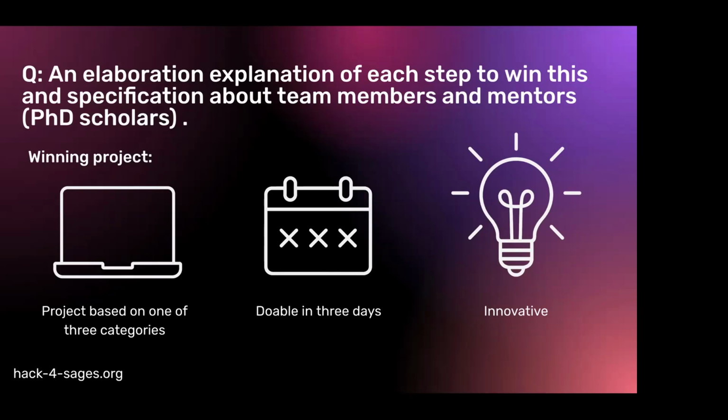But if you want to do something extra, you can say, okay, I will maybe not run all these simulations, but I will describe how I plan to run them. Just make sure that what you're planning to do is actually doable in 3 days. And again, something innovative. So that's all that I can tell you for now about the winning project. And I guess we'll know in March what exactly these projects were.